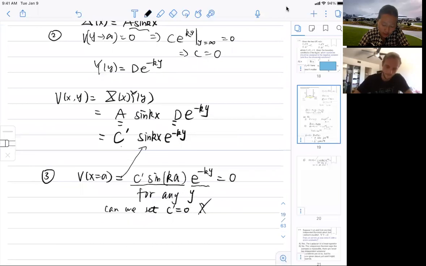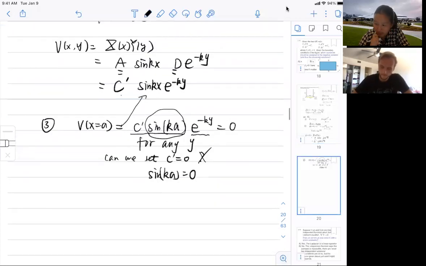We can't do that. So we need the sine of ka to be 0. That we can do. So that means ka has to be what value? Sine of something is 0, and that argument ka needs to be n pi.